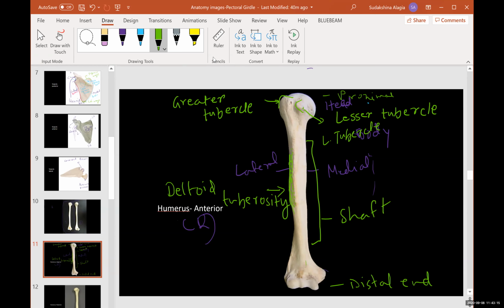If you remember it that way, which one is lateral, which one is medial? Or another way is what's superior, what's inferior, greater, lesser? Then you won't go wrong. If you know what's tuberosity, basically you can see the protrusion here, deltoid tuberosity. Then along the shaft, any other question?